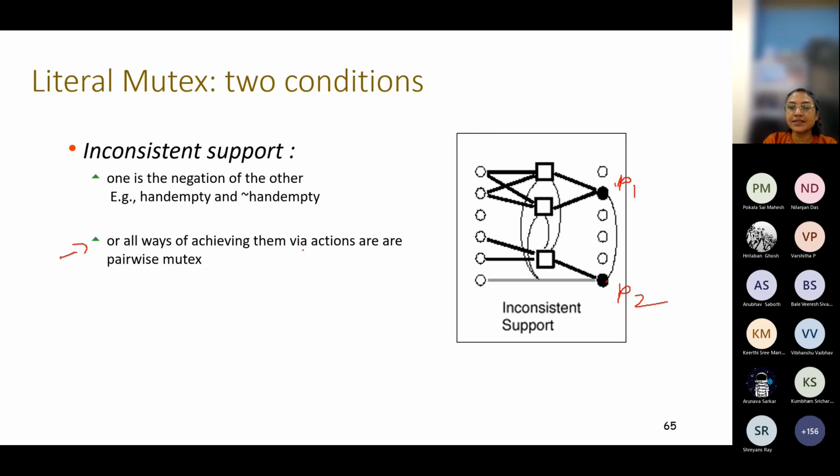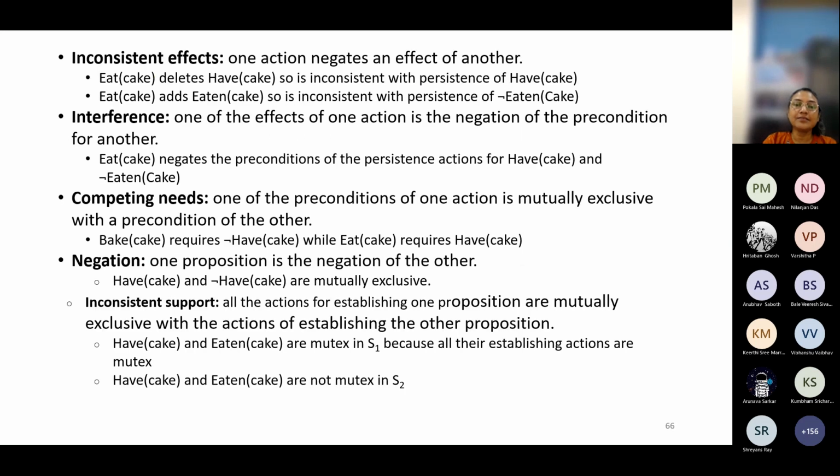We will take an example. So this is the summary. Inconsistent effect: one action negates an effect of another. For example, eat cake deletes have cake, so it is inconsistent with the persistence of have cake. Eat cake adds eaten cake, so it is inconsistent with persistence of not eaten cake.